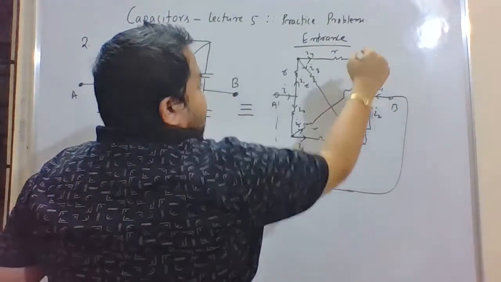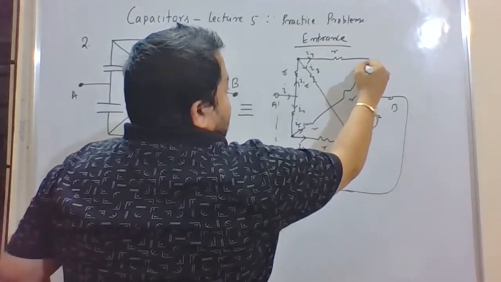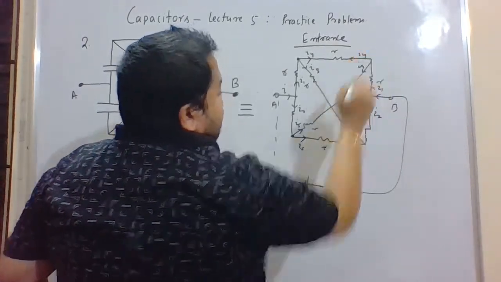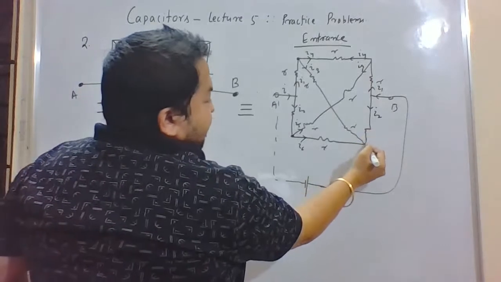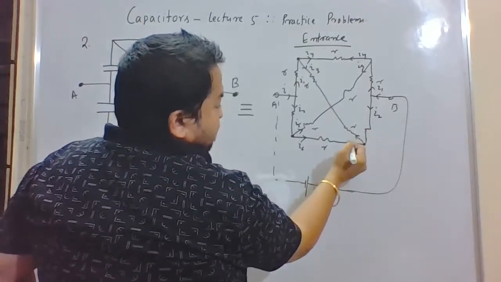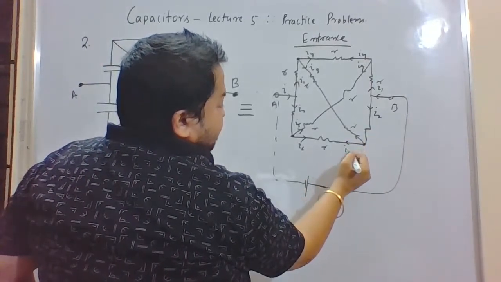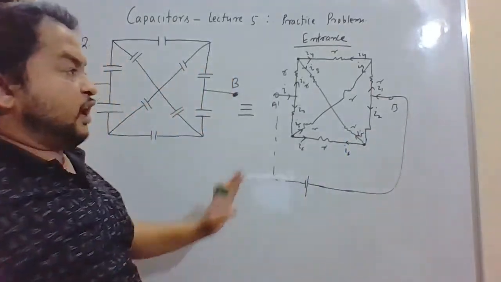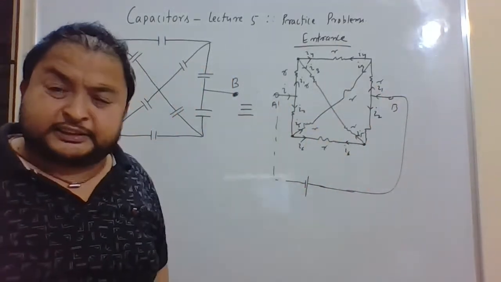If I1 is coming here, I3 will go like this, and then I4 will go like this. Once I2 reaches this node, I6 will go to this side and I5 will go to this side. Now I have completed the circuit.